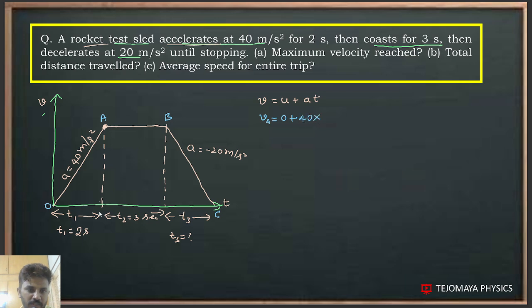For how much time it is traveling? 2 seconds. So velocity at A will be equal to 80 meter per second. Since it is continuing at the same speed, velocity of B will be equal to velocity at A, that is 80 meter per second. So the maximum velocity reached is 80 meter per second. This is the answer for the first question.